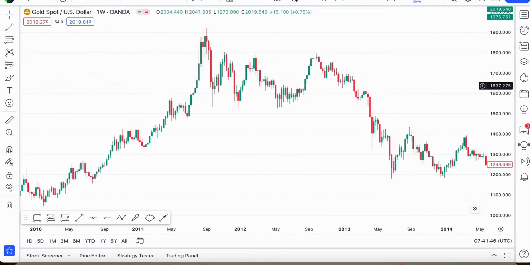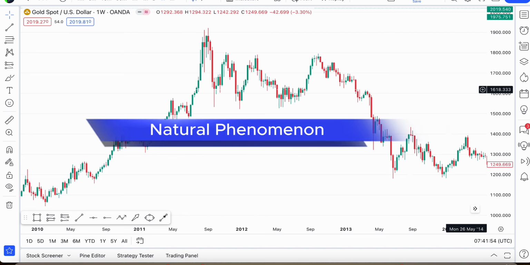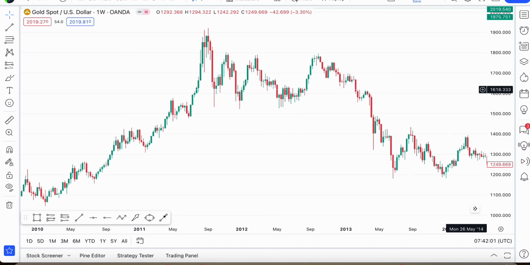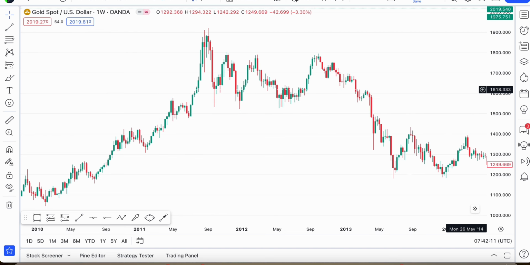And in doing so, what I would like to introduce us to today is the use of the natural phenomenon of the Fibonacci sequence. Fibonacci sequence is a natural sequence where the summation of the last two successive numbers will give rise to the next number.